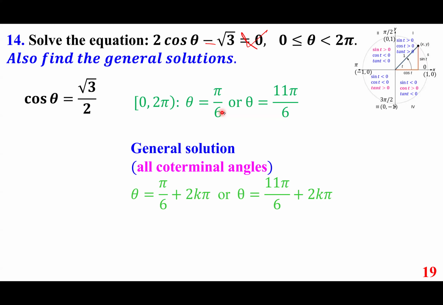As far as the general solution is concerned, everybody, you just add 2kπ, or sometimes 2nπ. It means the same thing, class. So 2kπ or 2nπ, where n and k are integers.